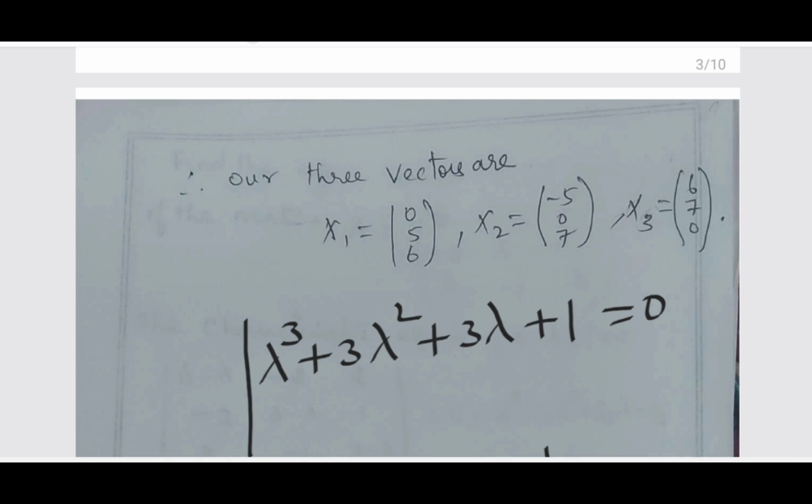Then you can solve for any one vector by the cross multiplication method, and the other ones you can give like these two options. If time permits, we'll go for that type of problem also in the next class.